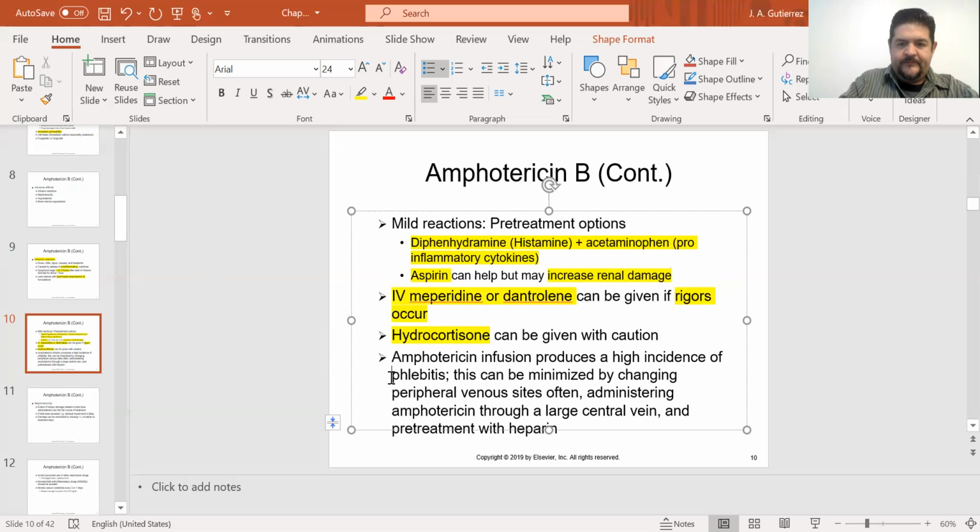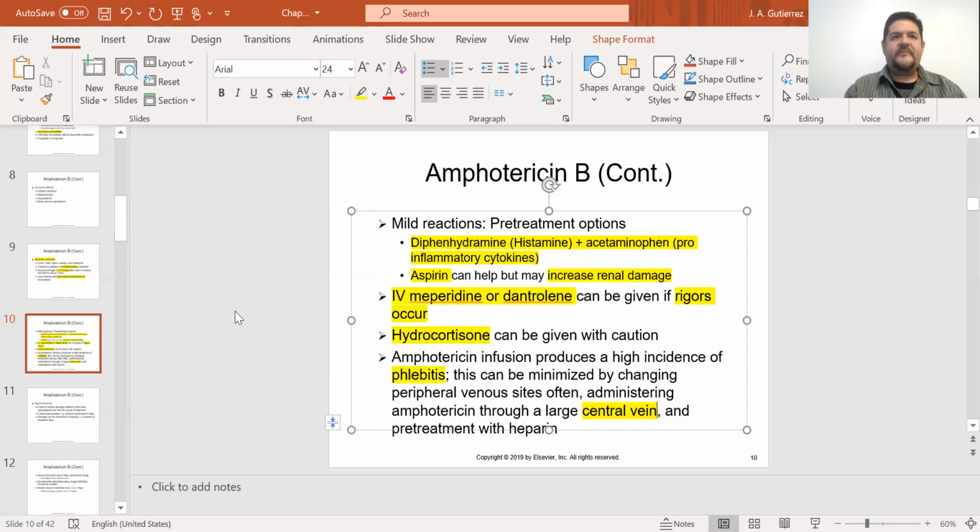Now, I already mentioned amphotericin B is a very aggressive medication. It's gonna irritate the vein as it goes in, so we're gonna have a phlebitis, inflammation of the vein. So they always advise to always use a central vein to give amphotericin.